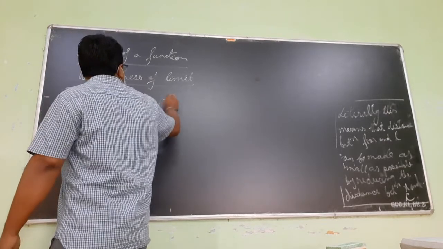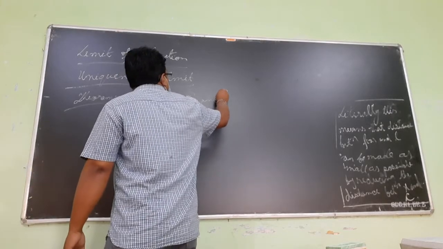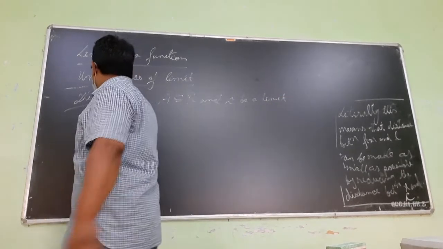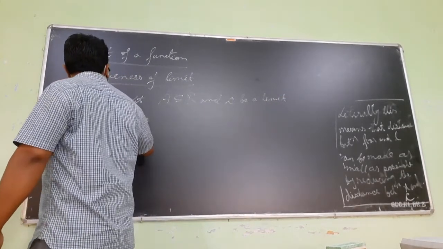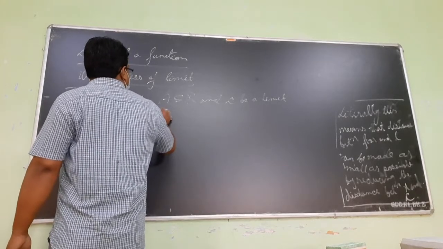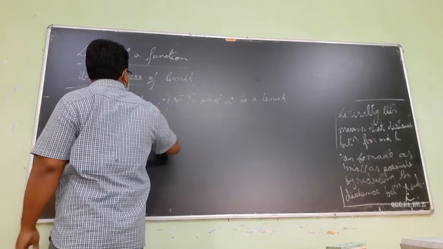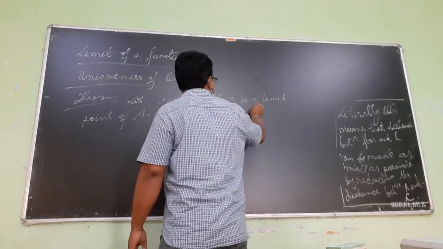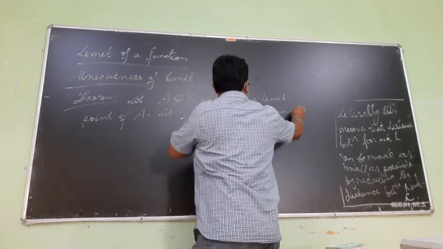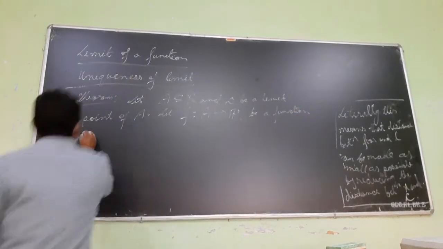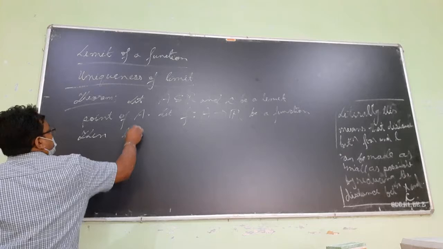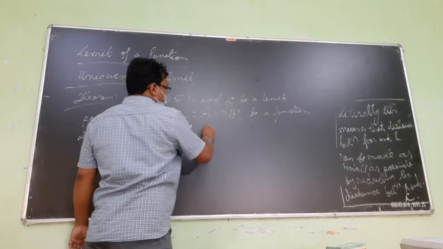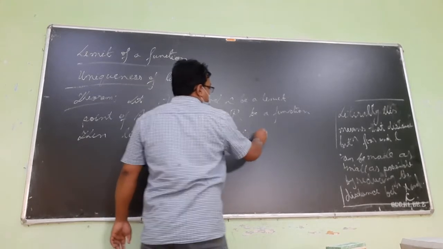Let A be a subset of R and C be a limit point of A. Let f be a function from A to R. Then the limit of f at C is unique.